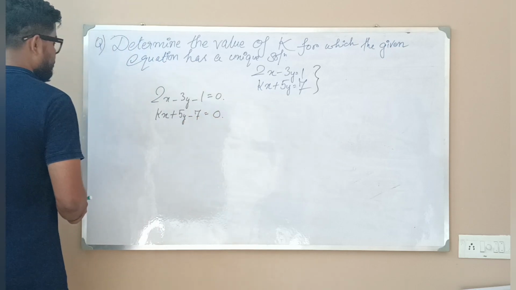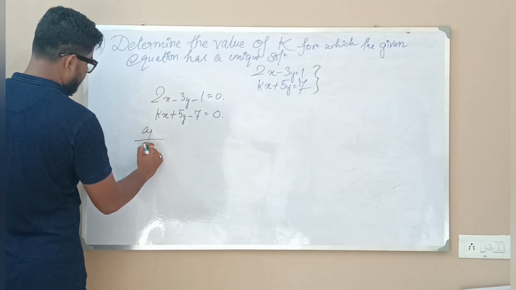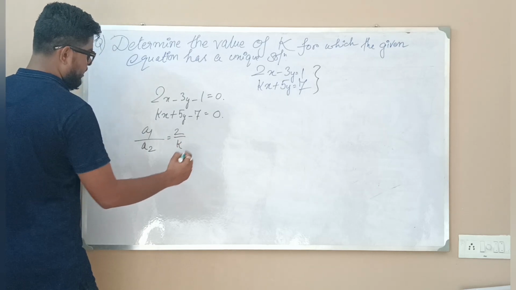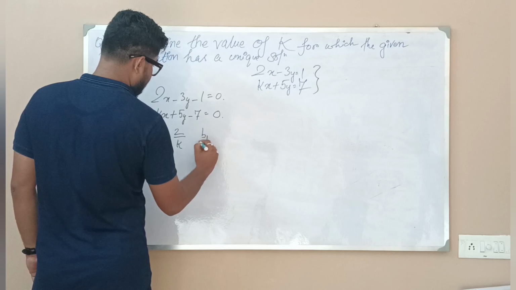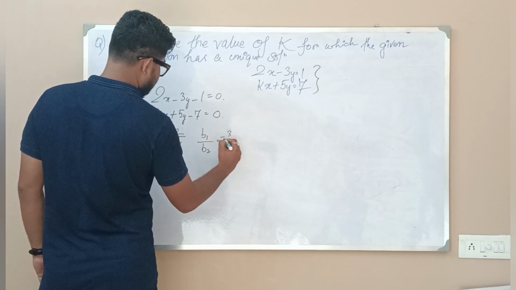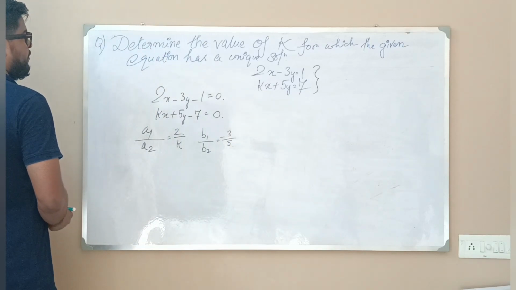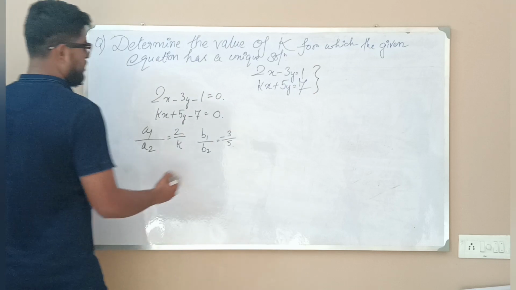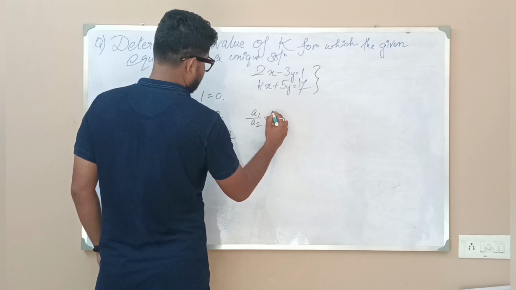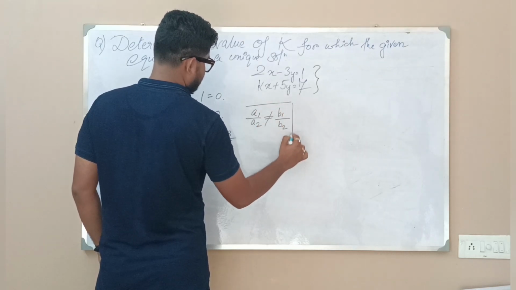Okay, so now a1 by a2 is 2 by k and b1 by b2 is minus 3 by 5. So for a unique solution, this condition has to be satisfied.